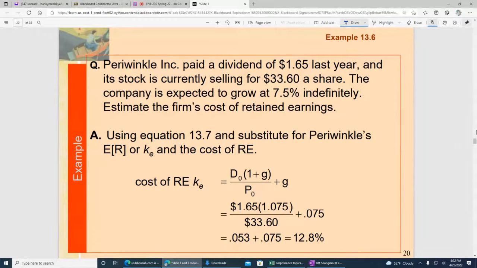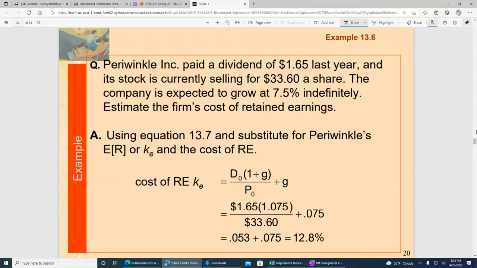And let's say there is a particular stock that pays 15% return. Instead of pursuing this project, it's better to put that money into that stock. Isn't that right? It's better for the shareholders.